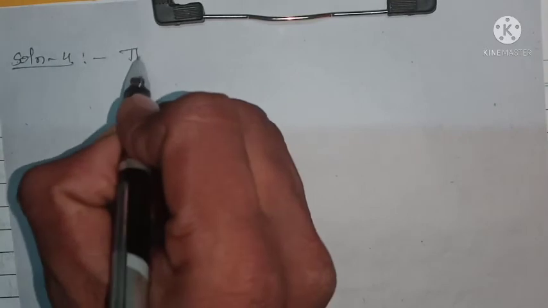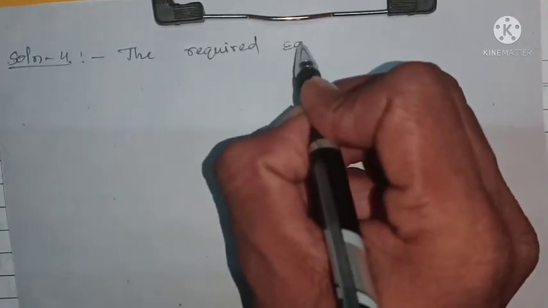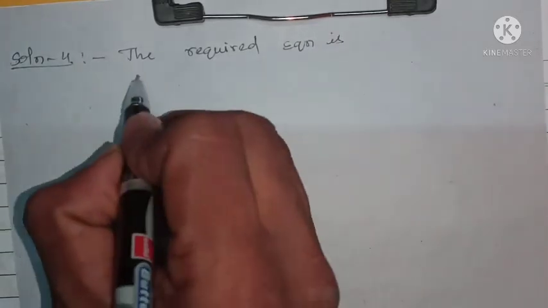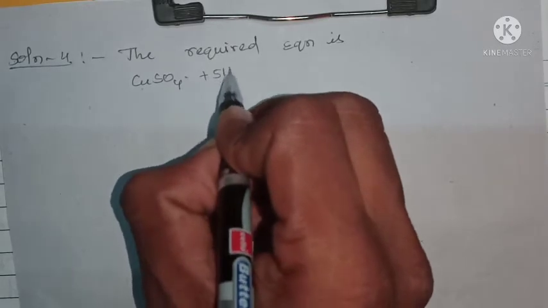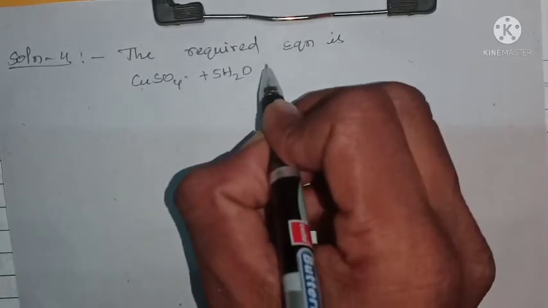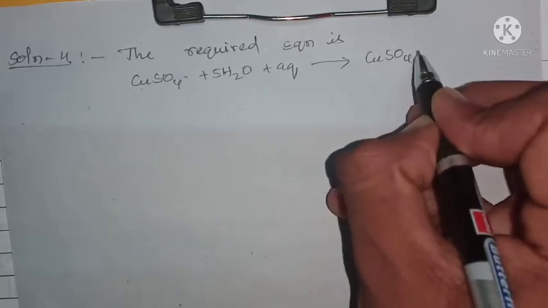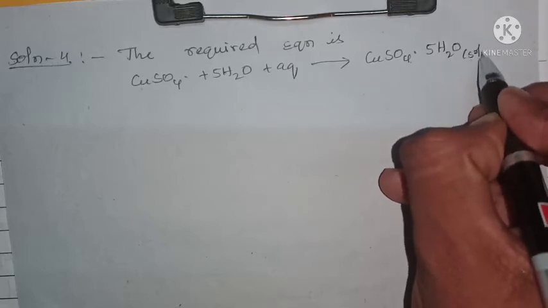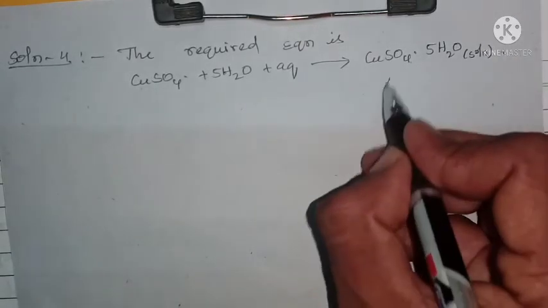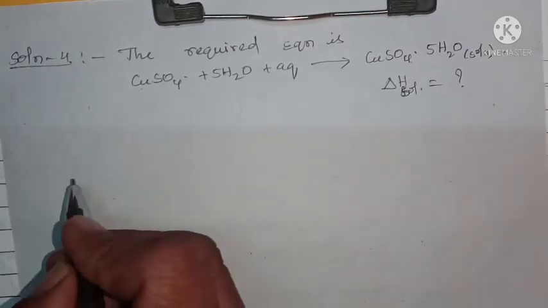The required equation is CuSO4 plus 5H2O gives CuSO4·5H2O solution. Here how much change in enthalpy is there, we have to calculate.